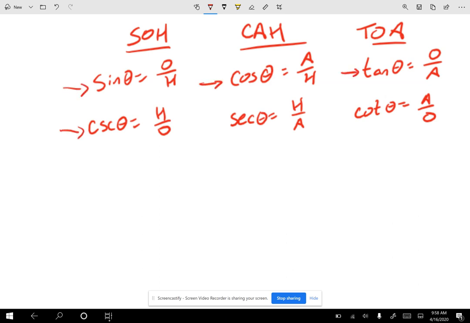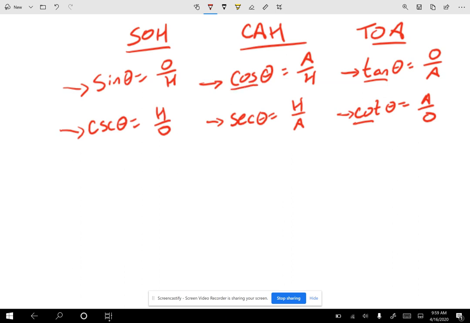Now, cosecant is the reciprocal of sine. Secant is the reciprocal of cosine. And cotangent is the reciprocal of tangent. I'm trying to have you be able to write it down from memory if you ever need to. Cotangent looks like tangent backwards, a couple of letters change, but they are reciprocals of each other.